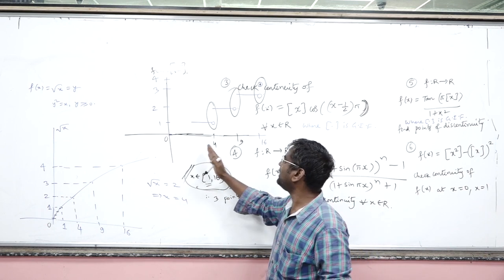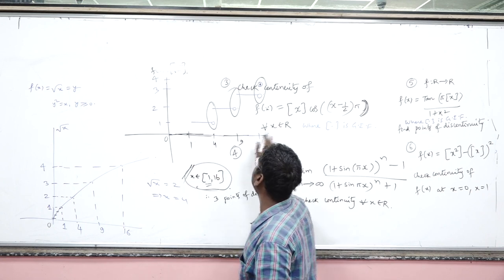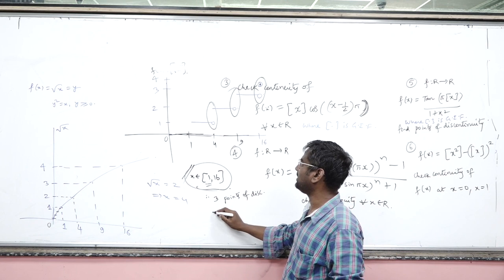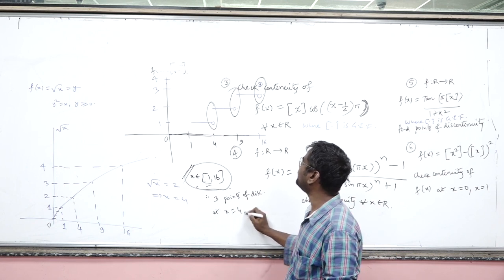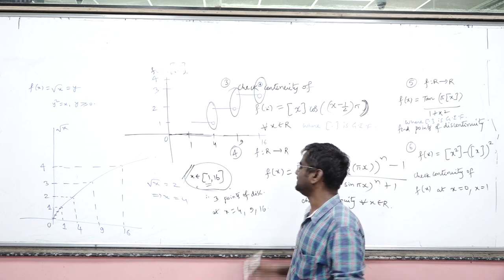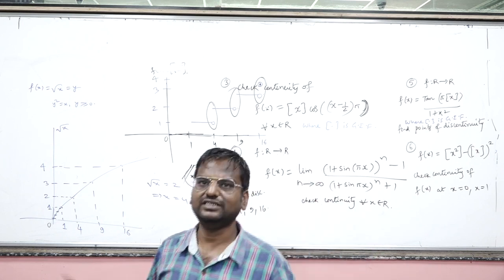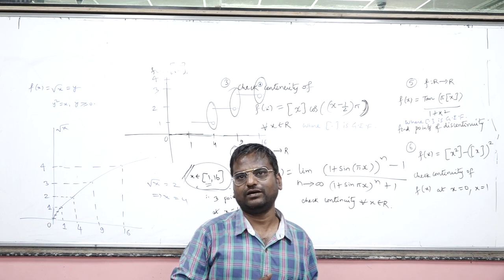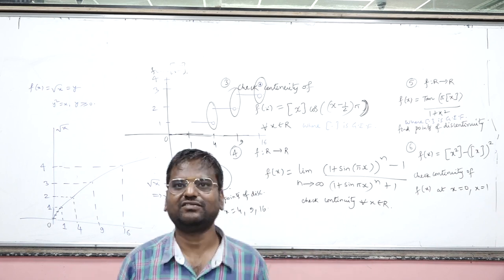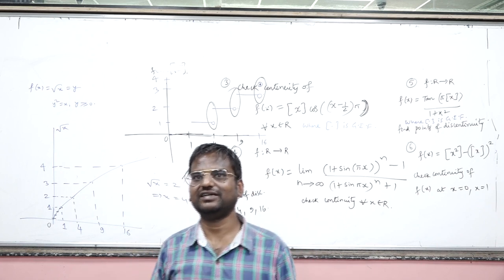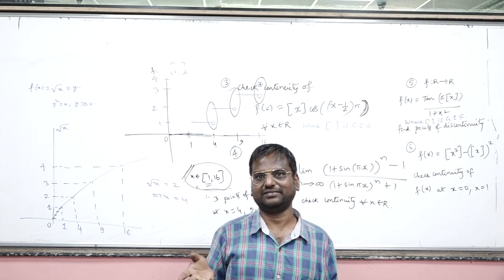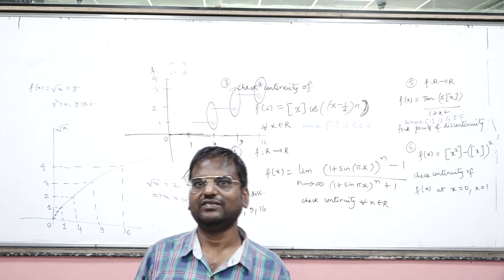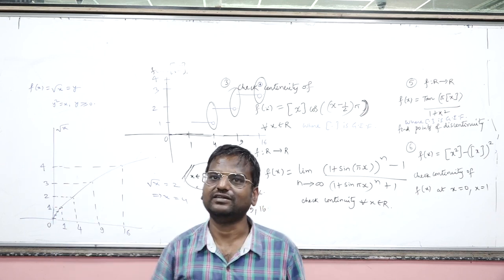Okay? So starting at x equal to 1 to 16, if you look, we get 3 points of discontinuity. Where? At x equal to 4, 9 as well as 16. So in general, if we extend this graph for all real line greater than or equal to 0, all points of discontinuity can be given by z square, z is any integer, except at x equal to 0, where at the beginning point it is continuous.